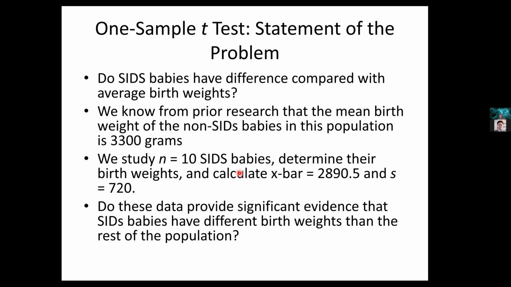In this sample, we have 10 SIDS babies determined by their birth rates. You calculate the average, which is X bar, and your deviation is 720. You get all these numbers, but does the data provide significant evidence that SIDS babies have different birth rates than the rest of the population?